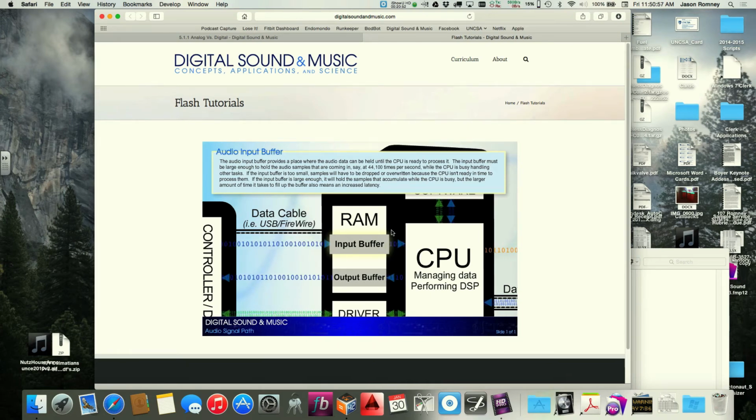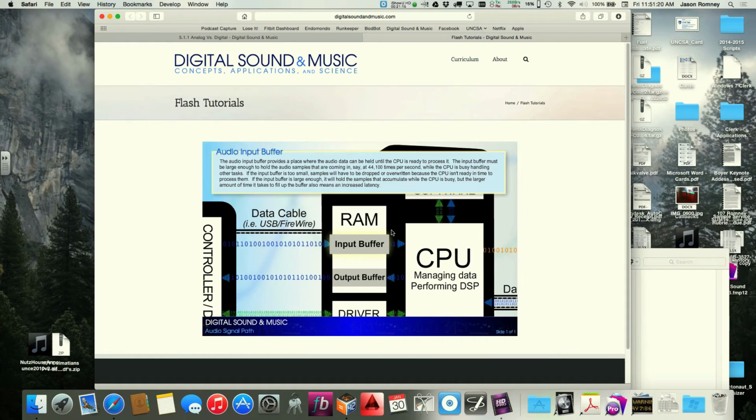The bigger the buffer, the more reliable your system's going to be, right? The less likely you're going to end up with a dropout. However, the bigger the buffer, the more latency. Because remember, if you're lining up the audio in that RAM buffer, that's all for however long that is. That's the amount of time you have to wait before you get to hear it.